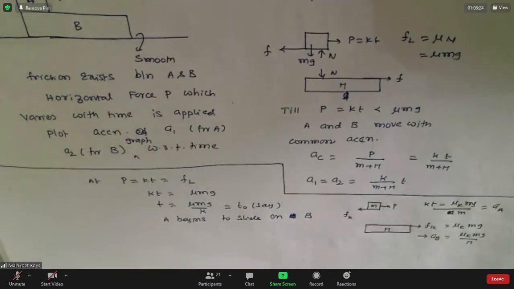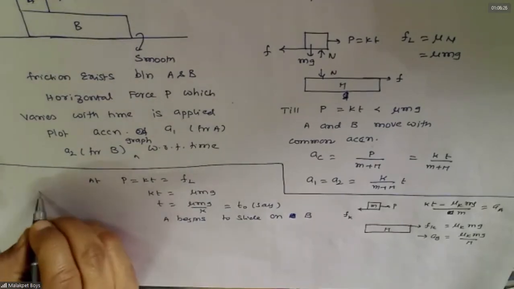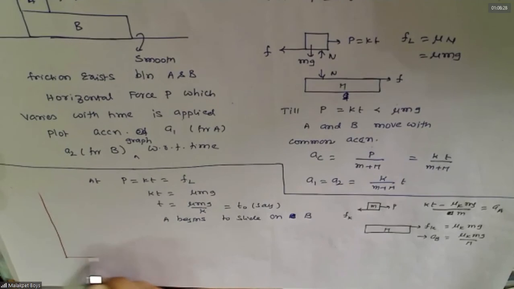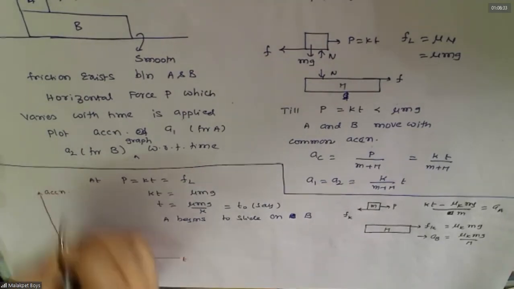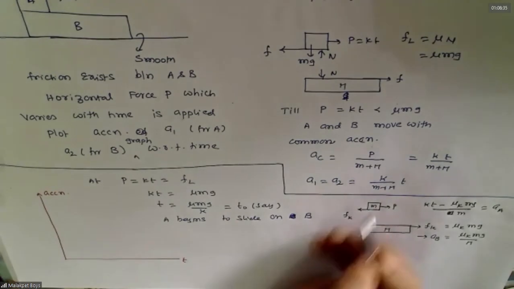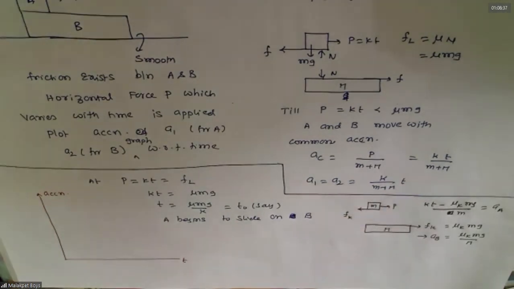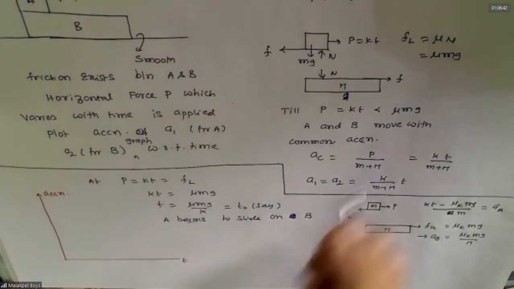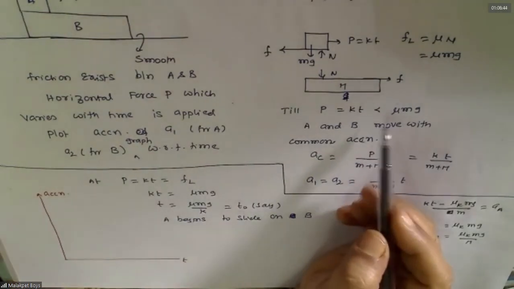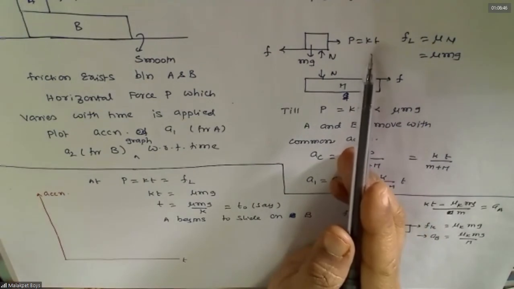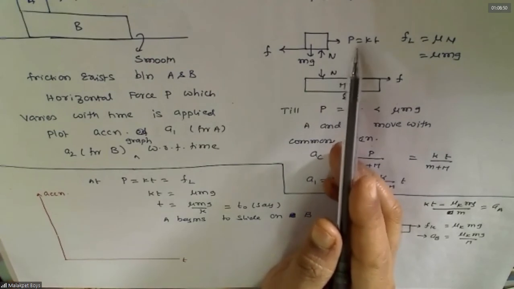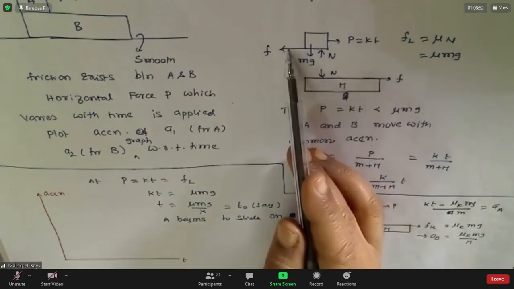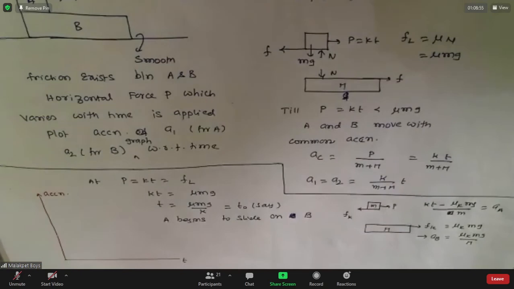Now you should have the knowledge of, till P equal to KT less than mu mg, the upper block is not moving. P equal to KT is less than this, so this cannot move on this, no?